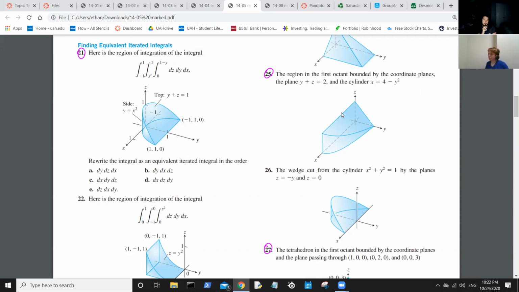I feel like this one should ideally be done as dz dy dx, right? Because x actually has solid bounds. Does it even? So does y, doesn't it? No, y does have solid bounds. Yeah, we're fine.